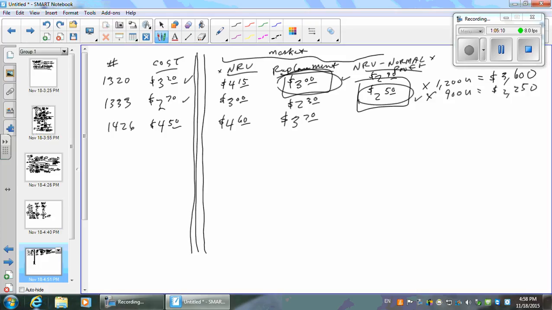Normal profit's a buck, so what's that? $3.60. Is that right? So which one's in the middle? $3.70. Which one's lower? $4.50 or $3.70? $3.70. So again, I take this times what? The quantity I had is 800. How much is that? $2,960.